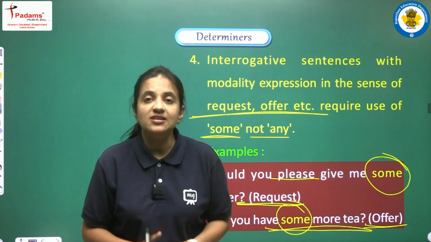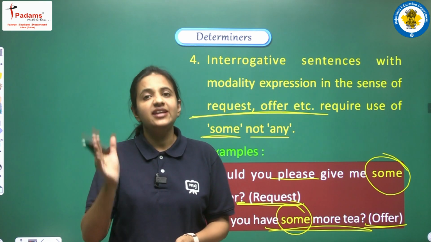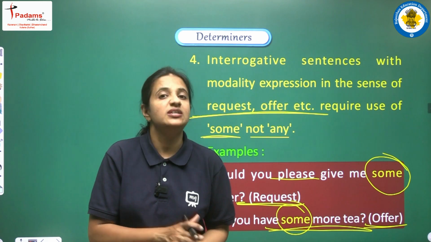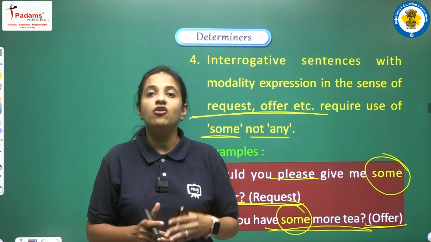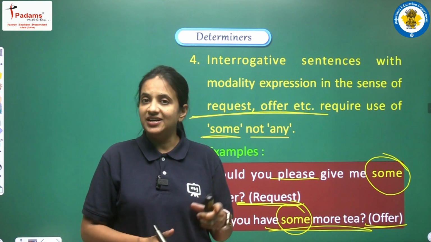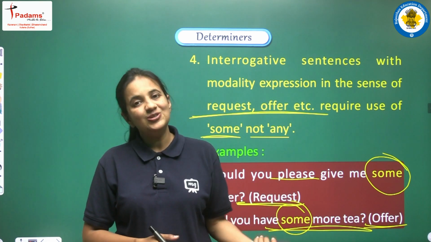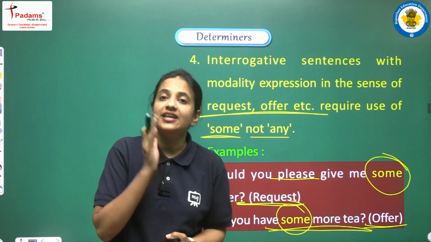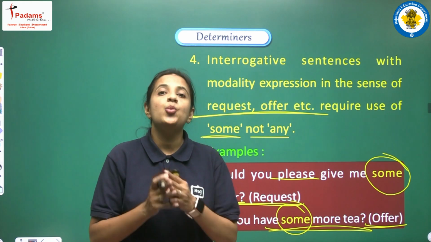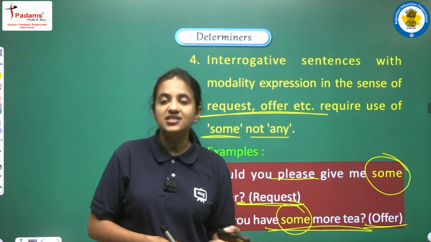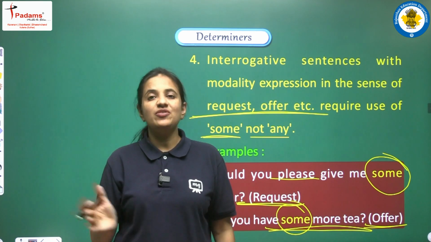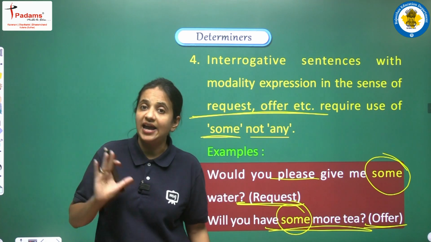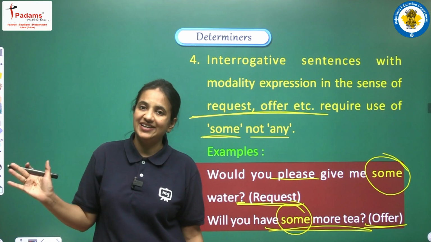Next we saw some of the exceptions: any can be used in affirmative sentences if the affirmative sentence has some kind of condition, and similarly some is also used in interrogative sentences if the interrogative sentence has some kind of request, or we can say some kind of offering, then also we have to use some, we cannot use any in those interrogative sentences.